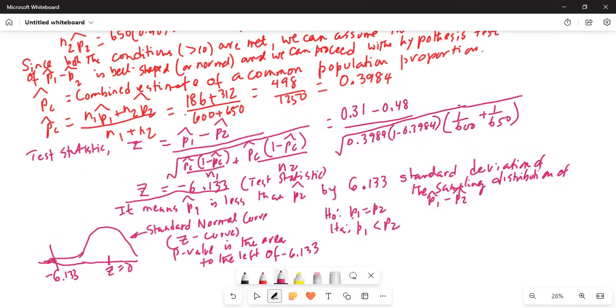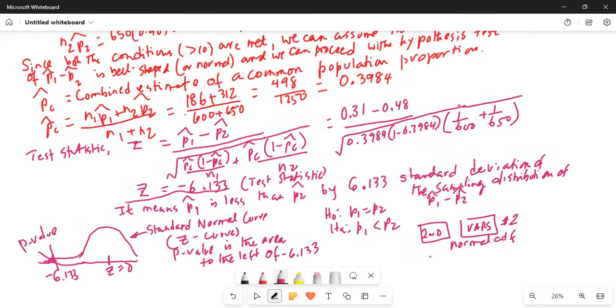So we can use the calculator to find the p-value to the left of the test statistic, minus 6.133. We can use our calculator, TI-84, and find that area. We press the second button, then the VARS button, then number 2, which is normal CDF.